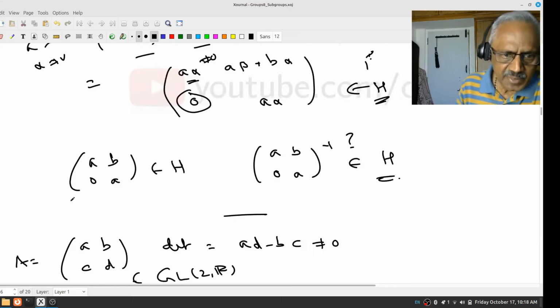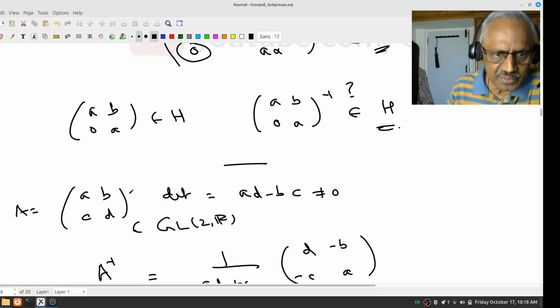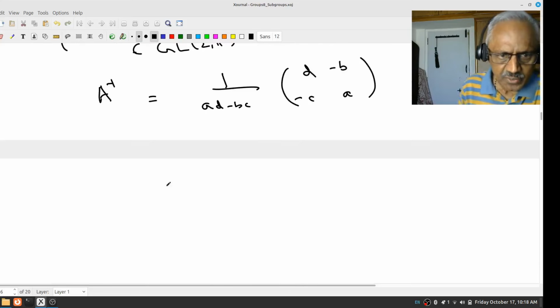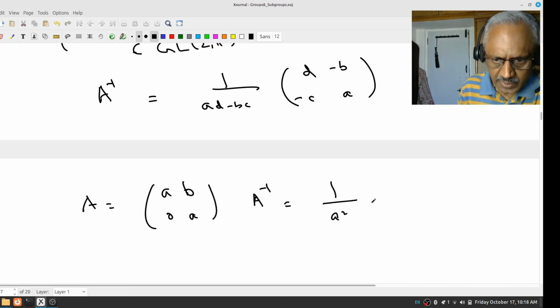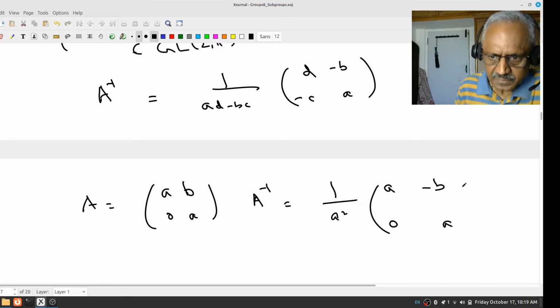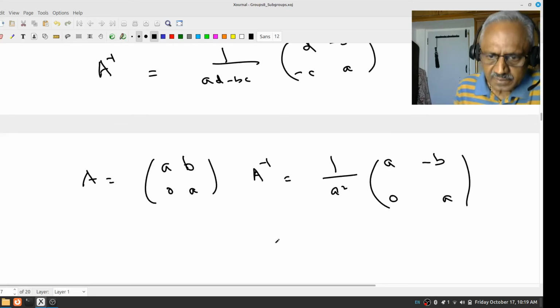Now to start with, the element in H is already invertible, right? Therefore, what is the inverse? The determinant is A squared. Therefore, if the element is A, B, 0, A, the inverse is 1 by A squared into A, minus B, minus 0 which is 0, and then A. This is the same as A inverse, minus B over A squared, 0, A inverse.